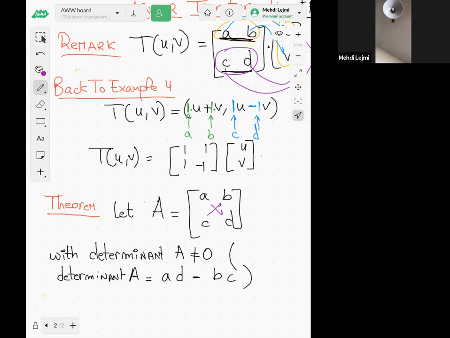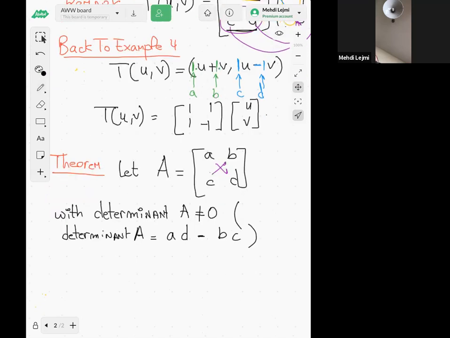Anyway, you have this matrix A with non-zero determinant, and let's say you have the transformation T, which is a linear transformation given by this matrix A. So T of (U, V) is equal to A times (U, V), right? Like here in this example number 4.